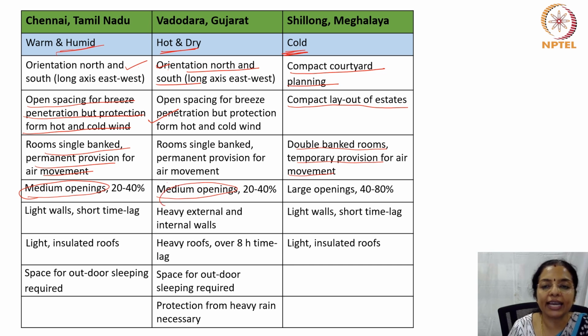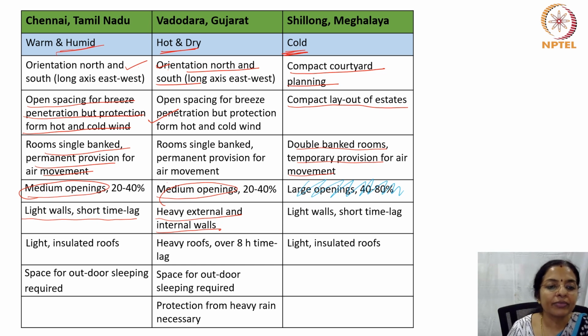Whereas for cold climate, it says large openings 40 to 80%. Now, the walls for warm, humid should be light wall with short time lag. And for hot, dry, it should be heavy external and heavy internal wall. Whereas for Shillong, it should be light walls with short time lag.